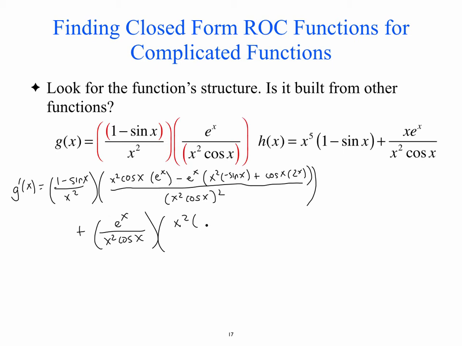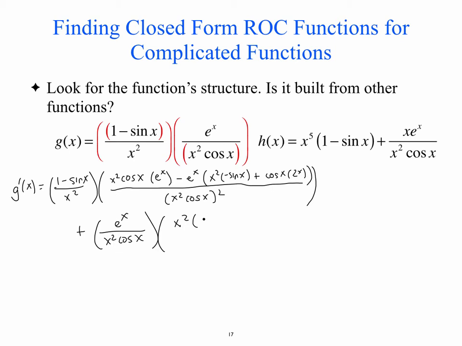So I'm going to write it out in excruciating detail because I saw some people struggling with this a little bit. 1 minus sine of x is not, as a whole thing, something that you should memorize, right? It is a sum or difference of two functions, right? So its rate of change is the difference of the two rate of changes, okay?